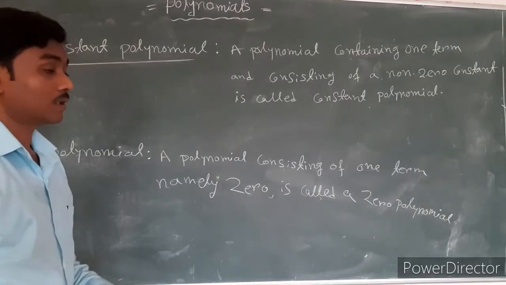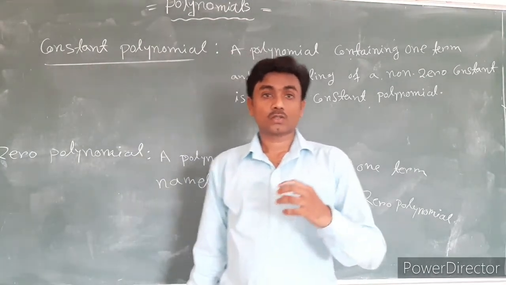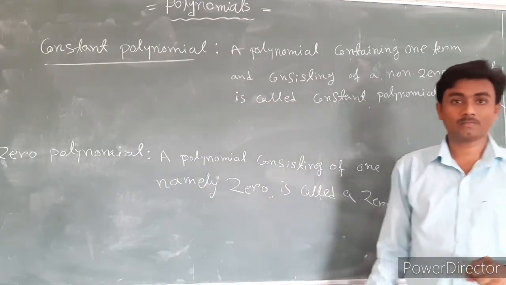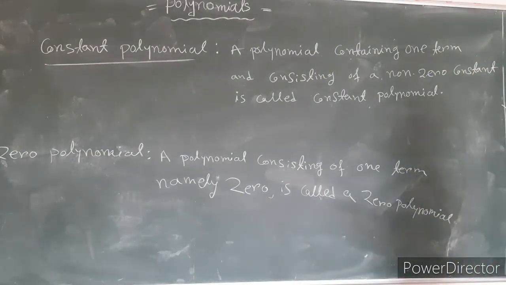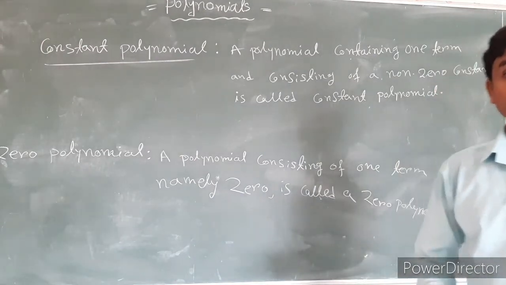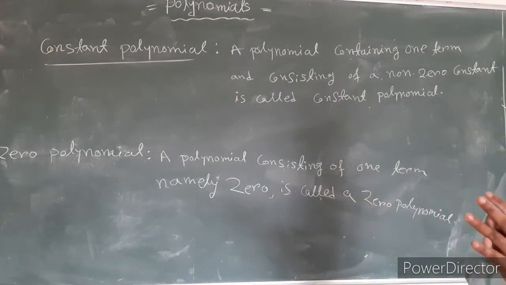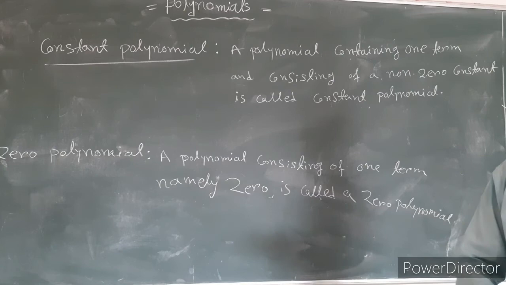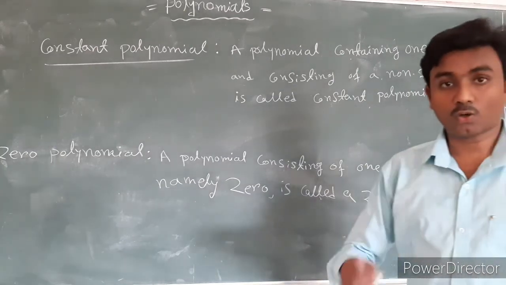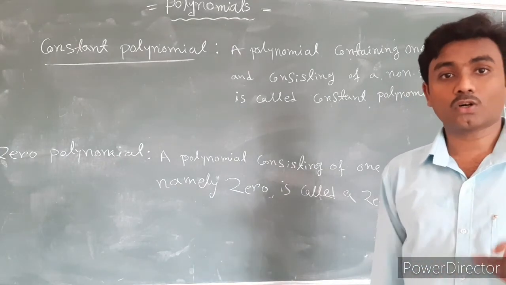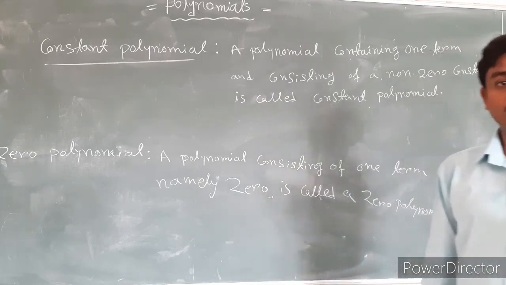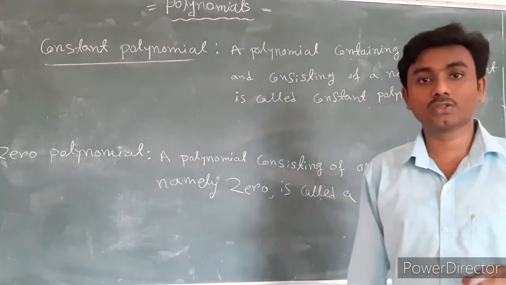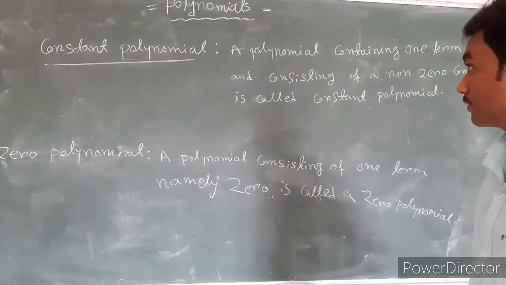Constant polynomial. A polynomial containing a single term consisting of a non-zero real number is called a constant polynomial. That is, in a constant polynomial there is no variable. So a constant polynomial contains a single term, and this term will be a non-zero real number.